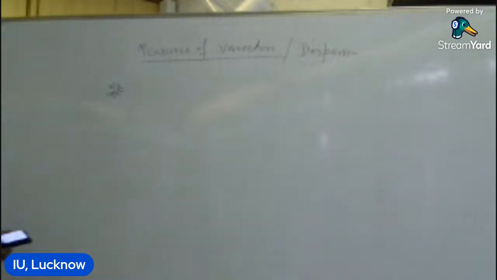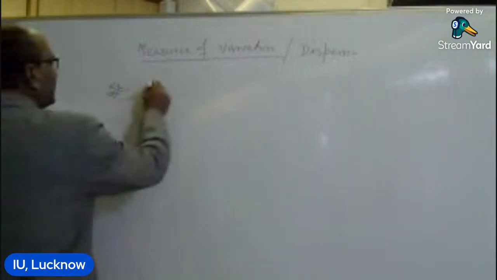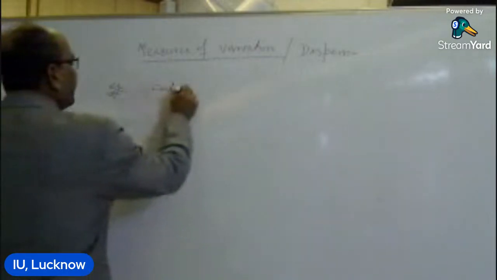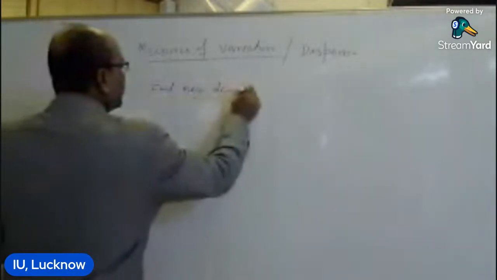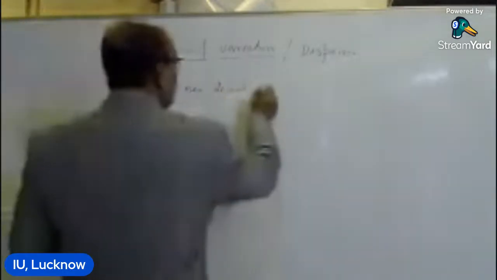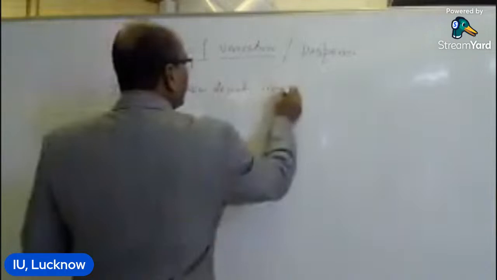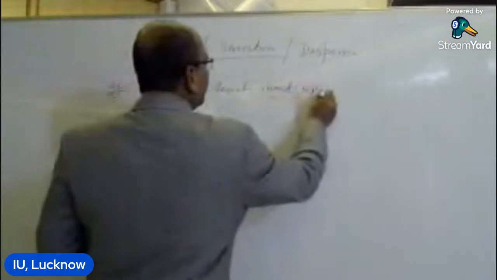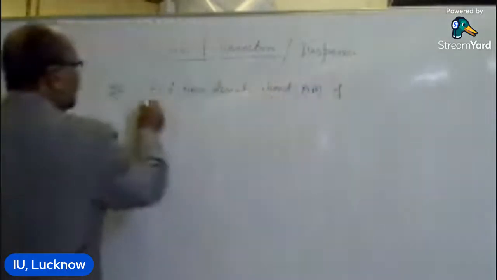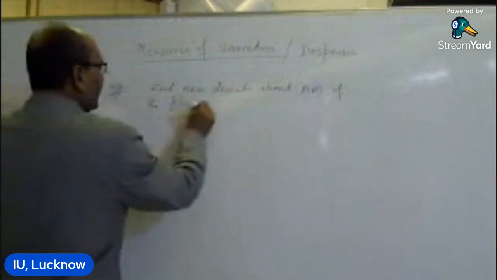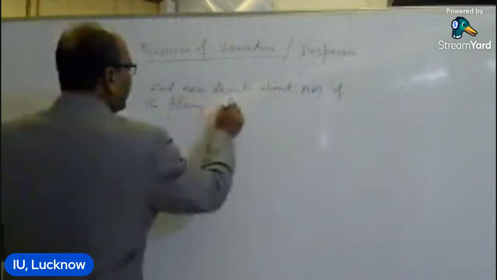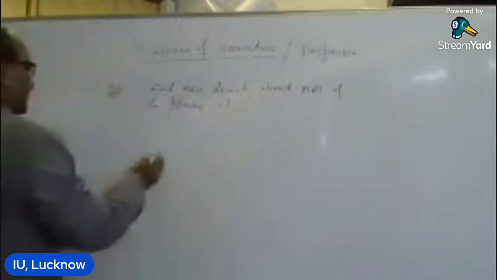Find mean deviation about arithmetic mean of the following data. The data is given like this.